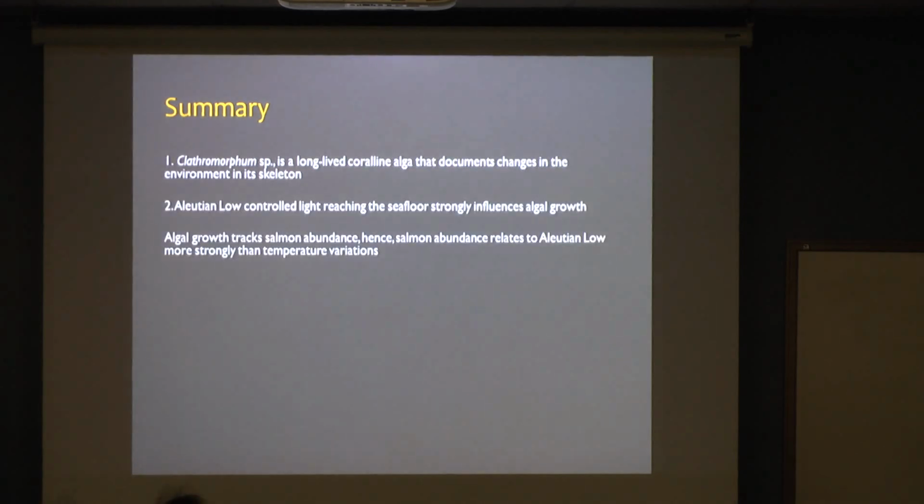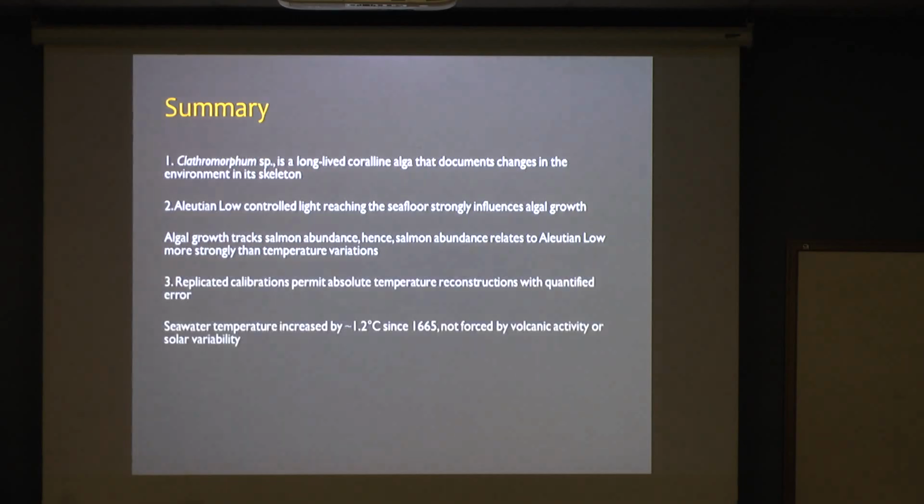The Aleutian low is the regional factor that drives light levels reaching the sea floor in the Aleutian archipelago, and that is what strongly drives the algal growth rates. The algal growth rates track salmon abundance, and thus we're showing that salmon abundance relates more to the Aleutian low going into the past than it does to changes in temperature variation.